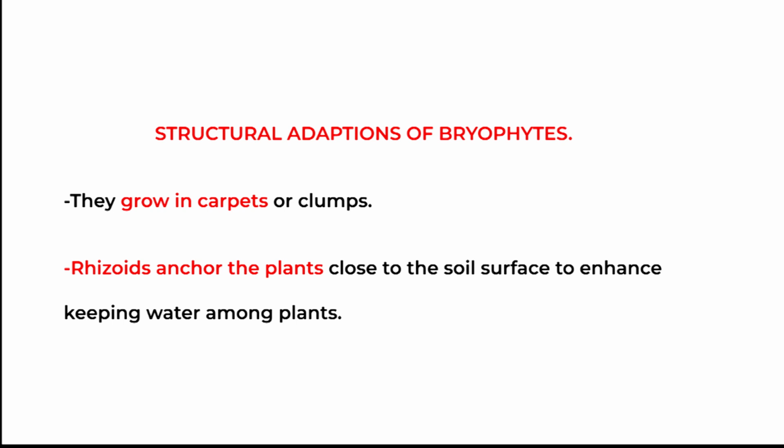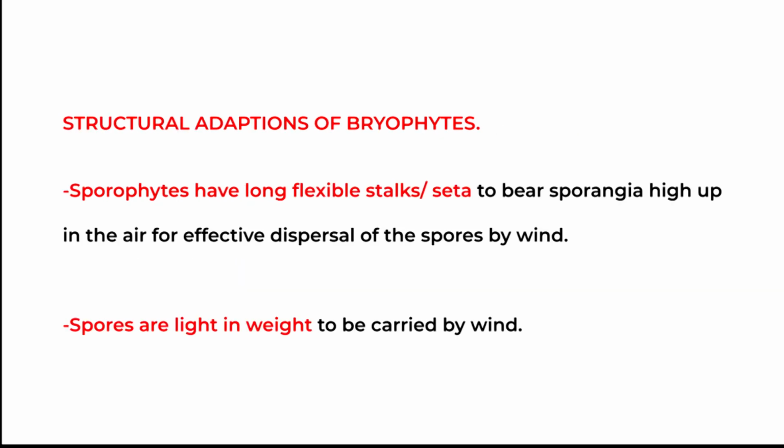Sporophytes have long flexible stalks or seta to bear the sporangia high up in the air for effective dispersal of spores by wind. The spores are light in weight and can be carried by the wind.